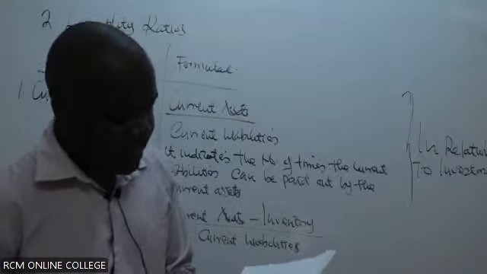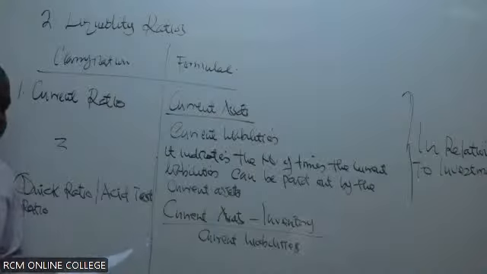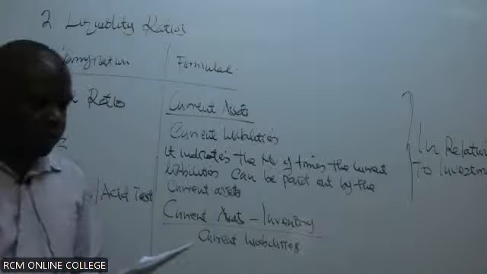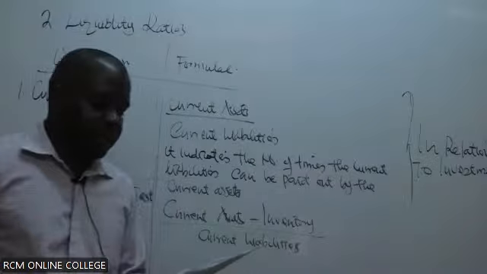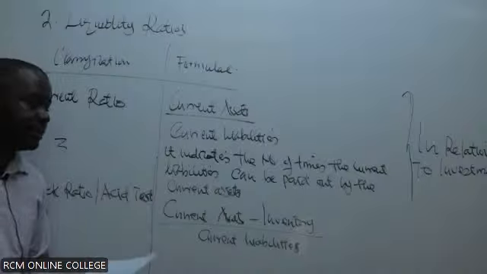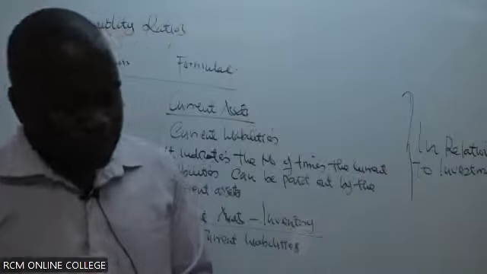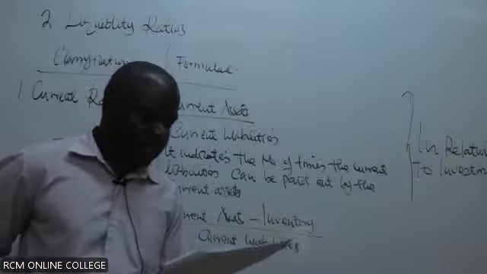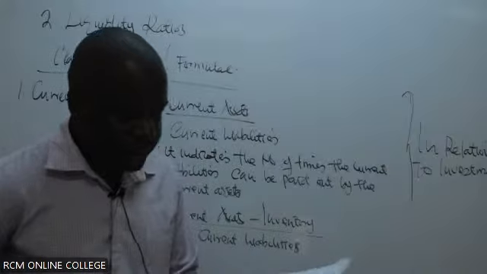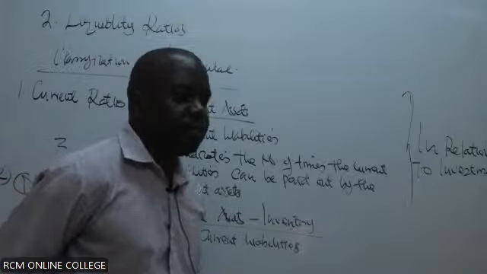It indicates the ability of the company to meet its current liabilities from its most liquid current assets, which I've already explained. The ones that you can easily convert into cash.